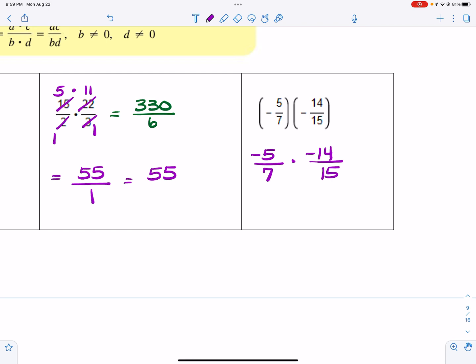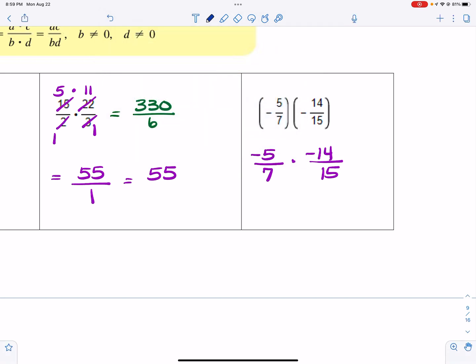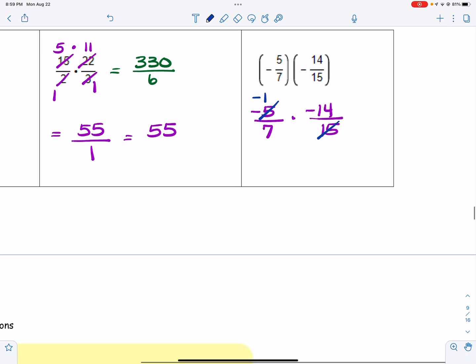And I'm going to use this because I have numbers that I recognize that will simplify. 5 goes into -5 and leaves -1. 5 goes into 15 and leaves 3. 7 goes into 7 and leaves 1. And 7 goes into -14 and leaves -2. So now I have -1 times -2, which is 2, and 1 times 3, which is 3.